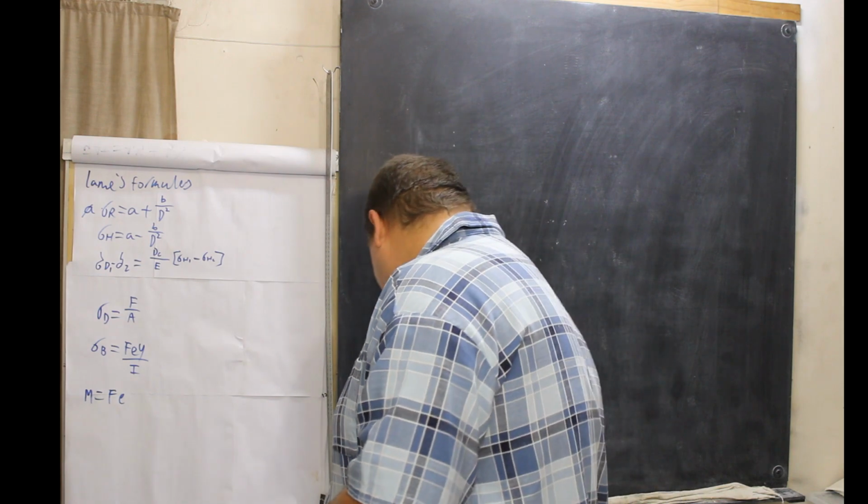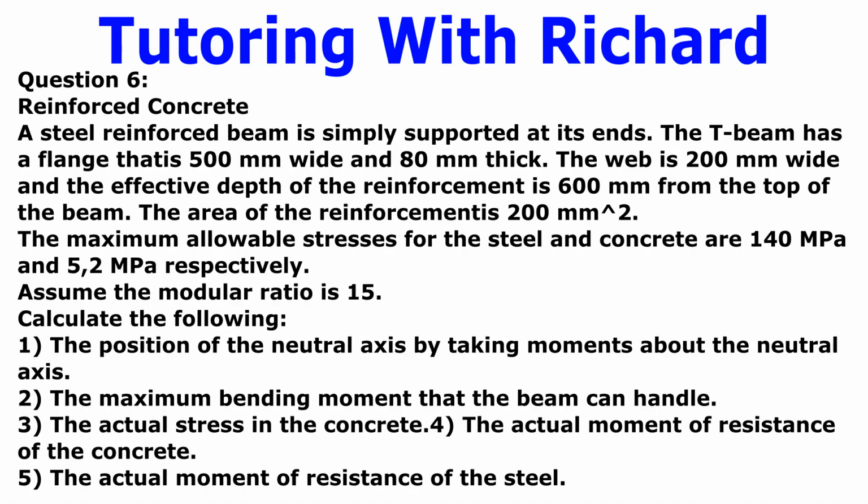Question 6 states: a steel reinforced beam is simply supported at its ends. The T-beam has a flange that is 500 millimeters wide, 80 millimeters thick.